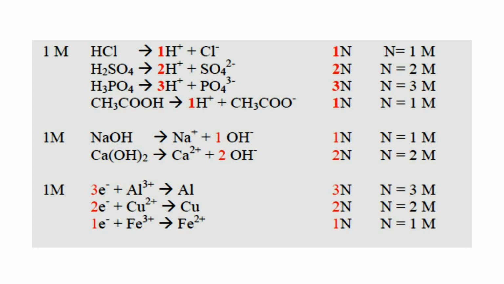And again, when calculating the normality, for sodium hydroxide we take 1 times the molarity, and for calcium hydroxide normality is equal to 2 times the molarity. For other reactions, like the redox reaction for aluminium, we count the electrons which are either in the oxidation or in the reduction reaction.